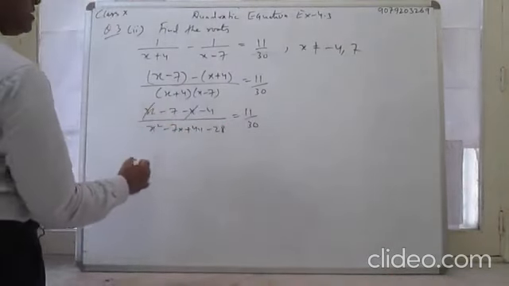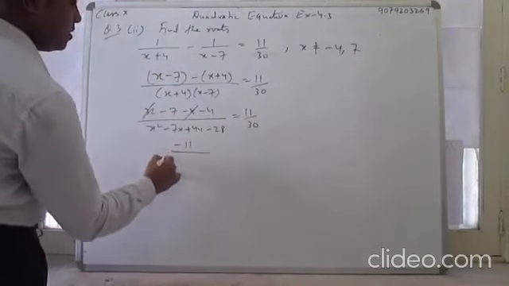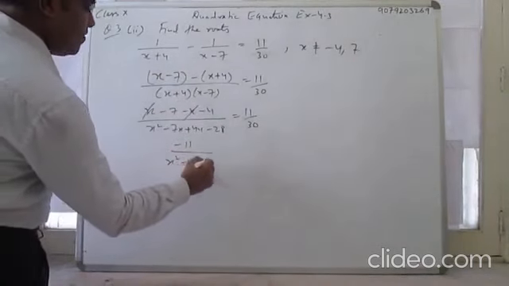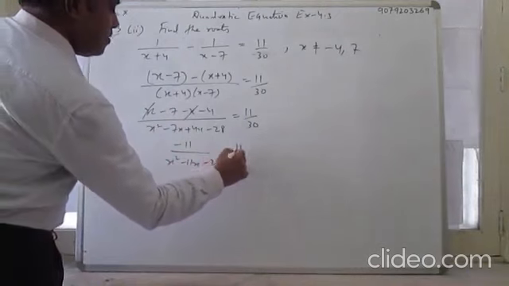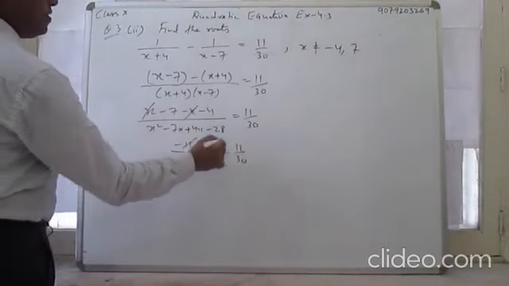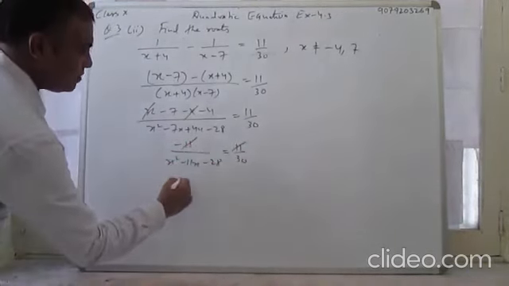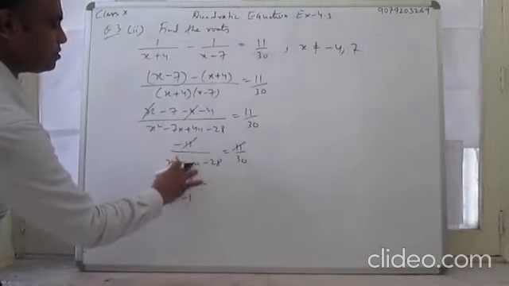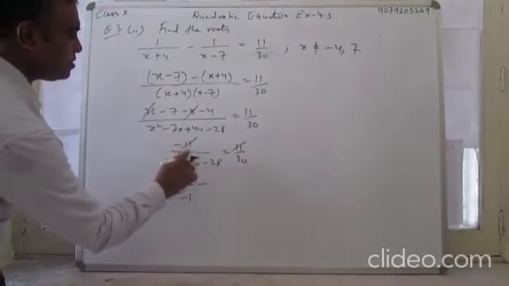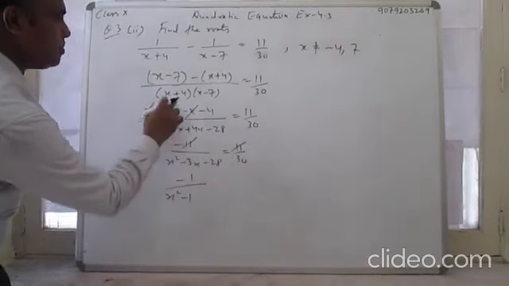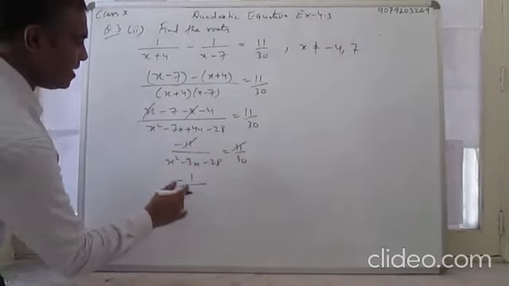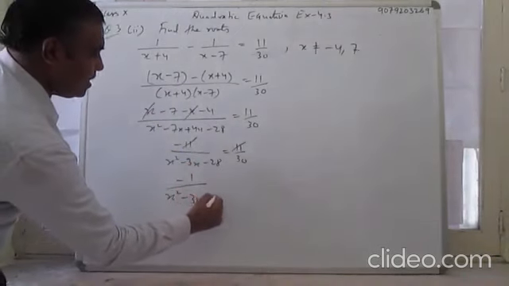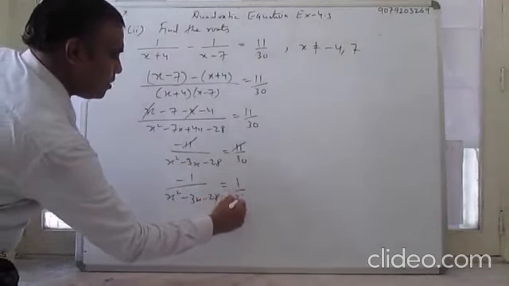This x cancels out. Minus 11 upon x square minus 3x minus 28 is equal to 11 upon 30. This 11 cancels out. So what is remaining? Minus 1 upon x square minus 3x minus 28 is equal to 1 upon 30.